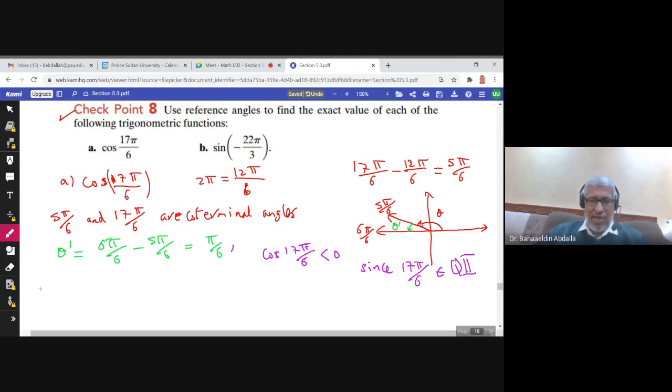So I can say now that cosine 17 pi over 6 is equal to cosine 5 pi over 6, the coterminal angle. Now we go to the reference angle.